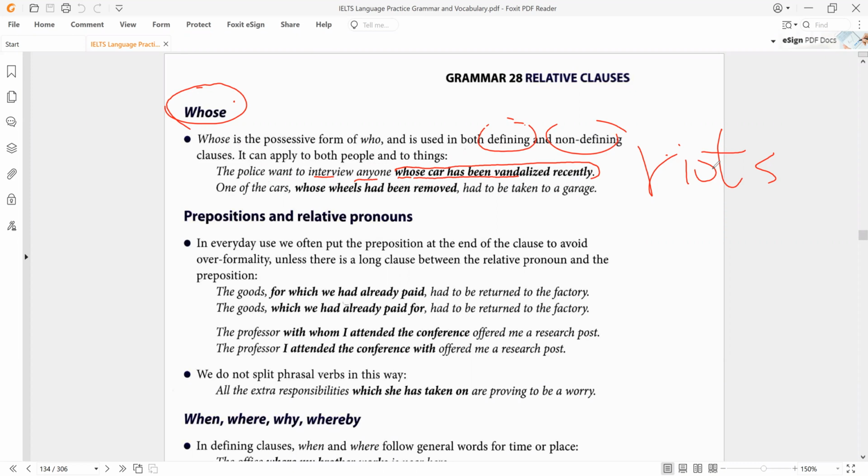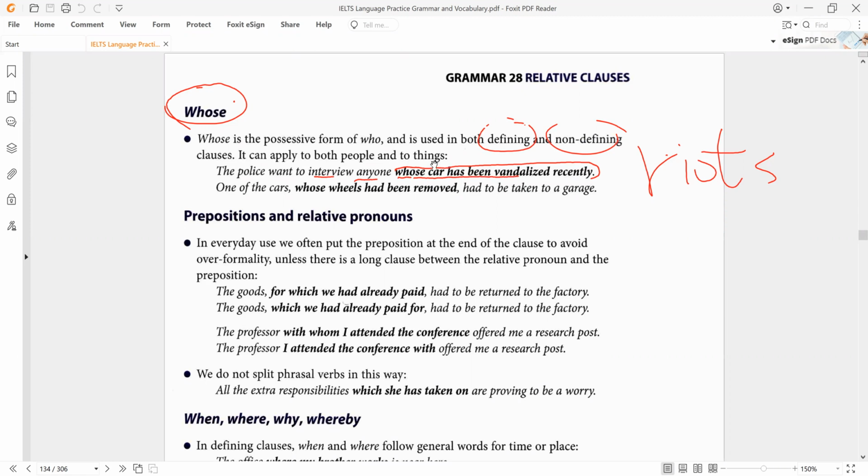Okay, can we use a zero relative here? The police want to interview anyone car has been vandalized. Can we say it like this? Can we or can't we? Can't. Why? Because it is not without rules, we can't know whose car.